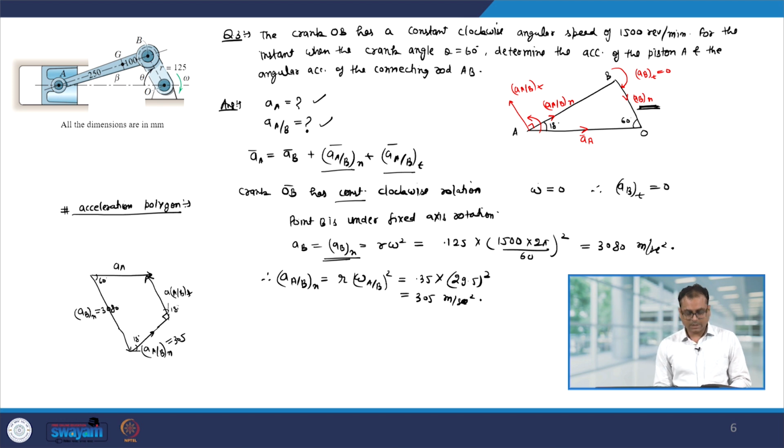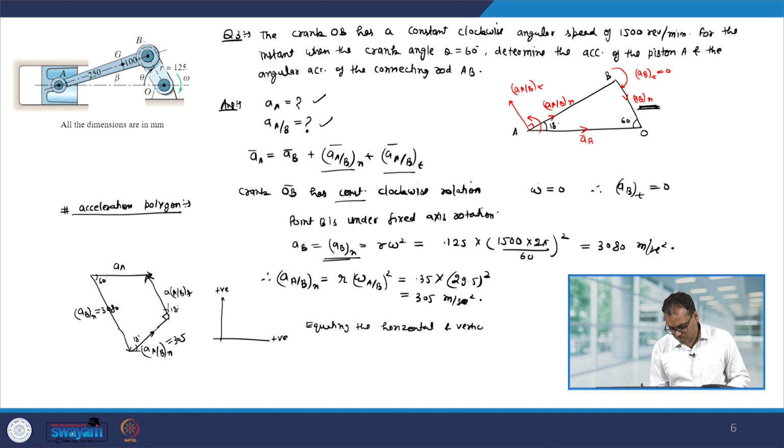So, now let us equate the horizontal and vertical component so that we can find out all the values. So, let me take this as positive direction and that as positive direction and I am equating the horizontal and vertical accelerations. Okay.